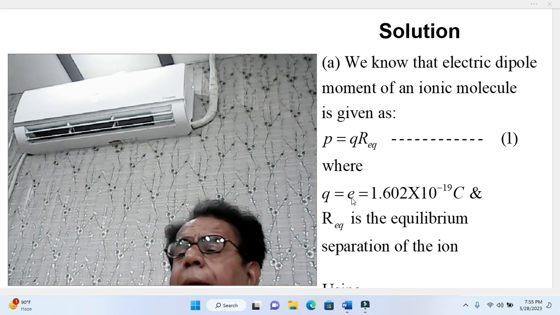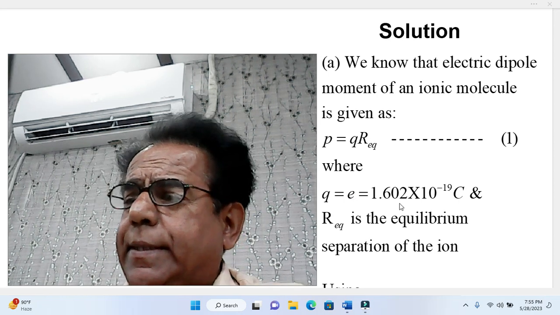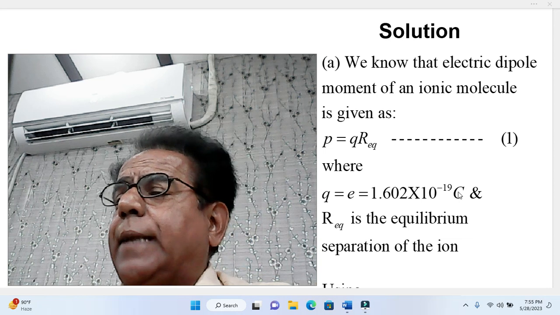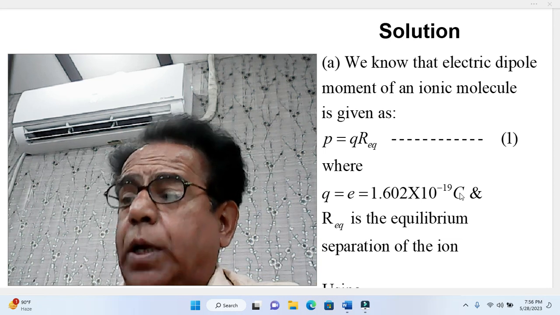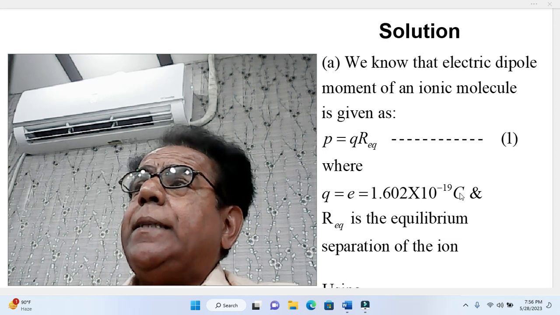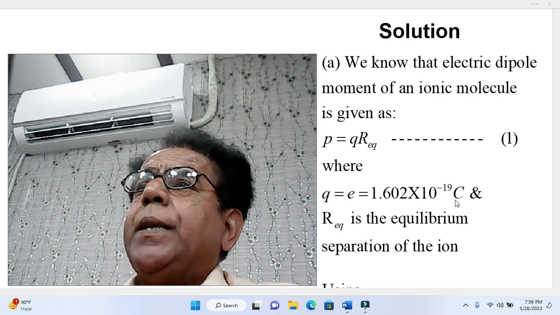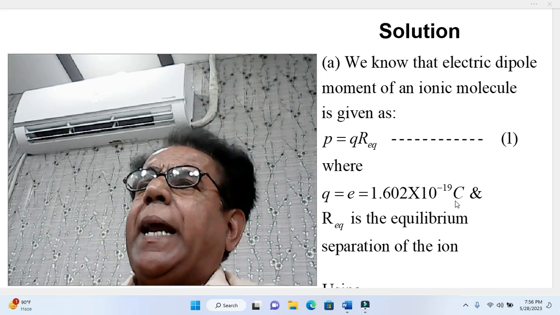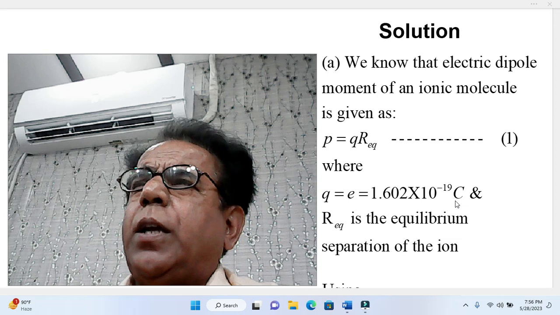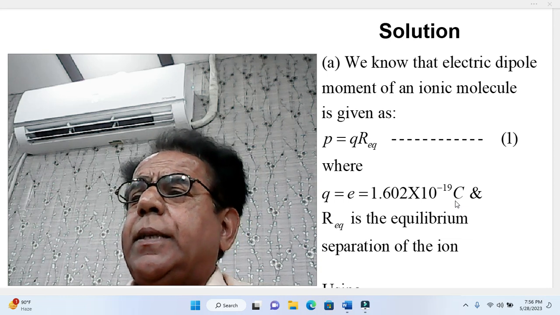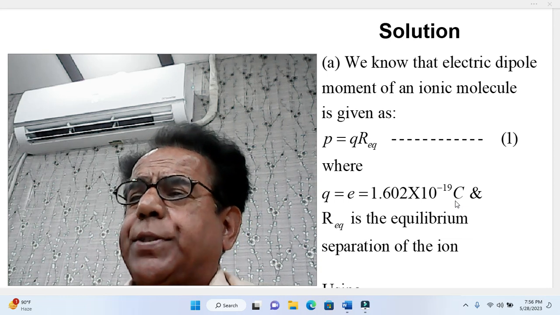Okay, and this value, that is 1.602 into 10 to power minus 19 coulomb, is given in tool number 3, which is a comprehensive table of a lot of physical constants.